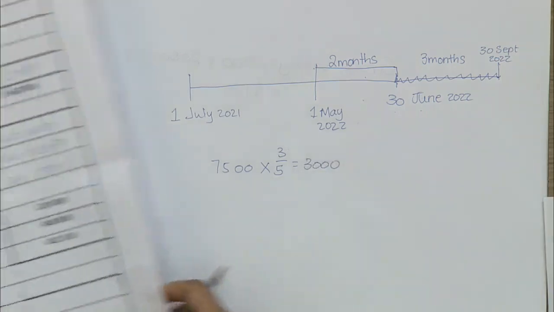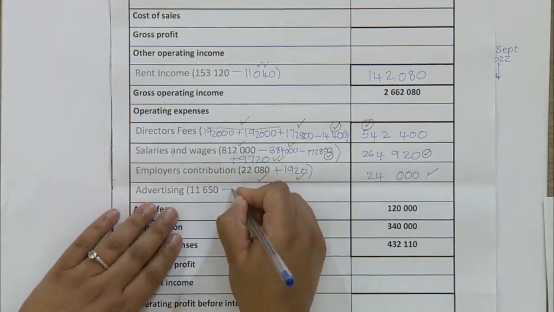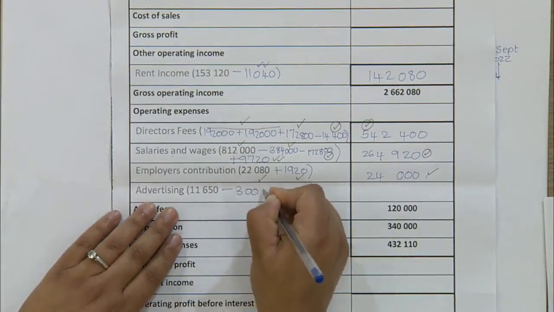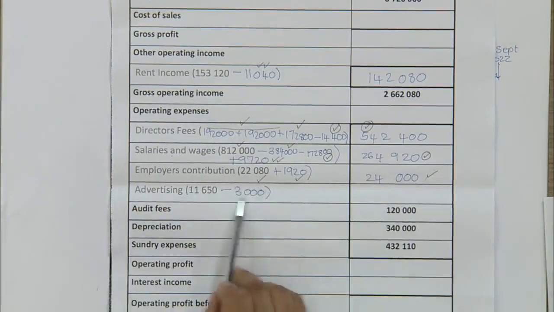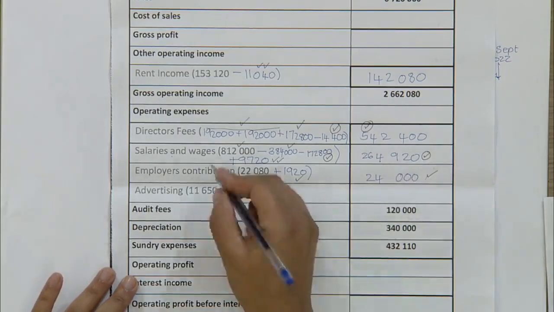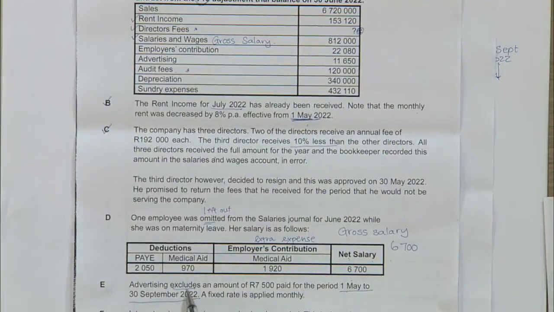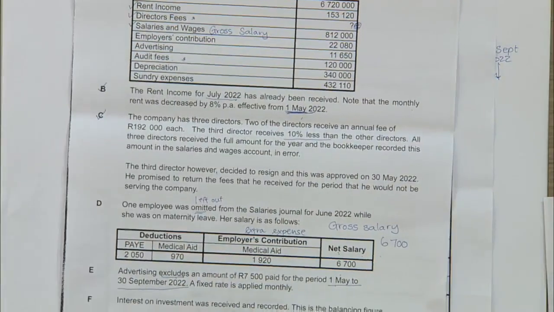So what are we going to do next to advertising? We're going to minus 3,000 Rand. Once you do that calculation, my apologies, we're going to add 3,000 because remember, they said it excluded it, right?